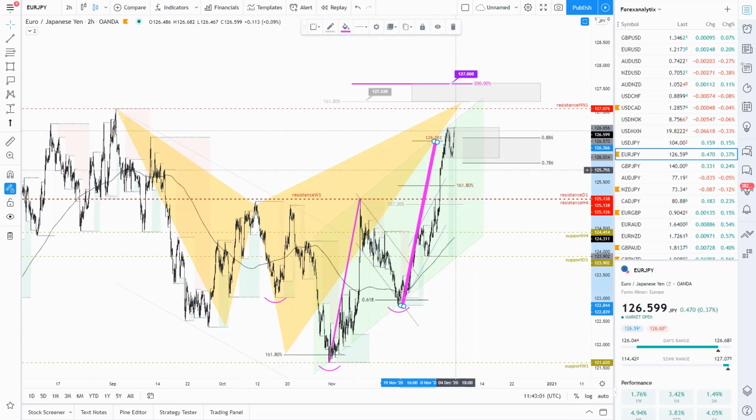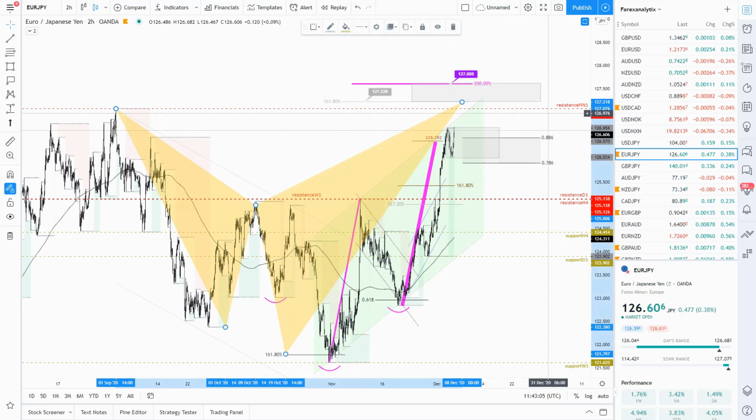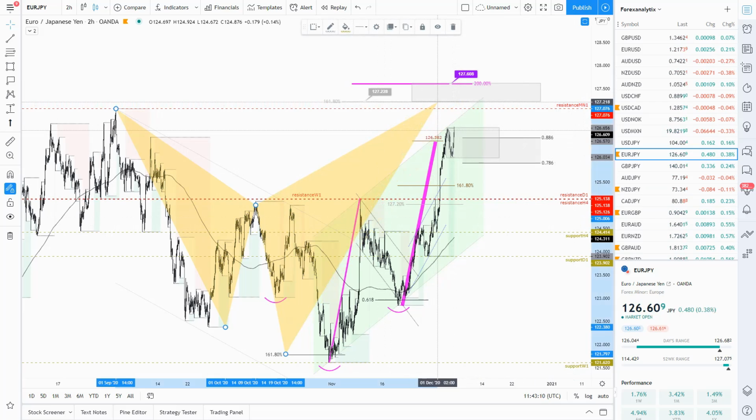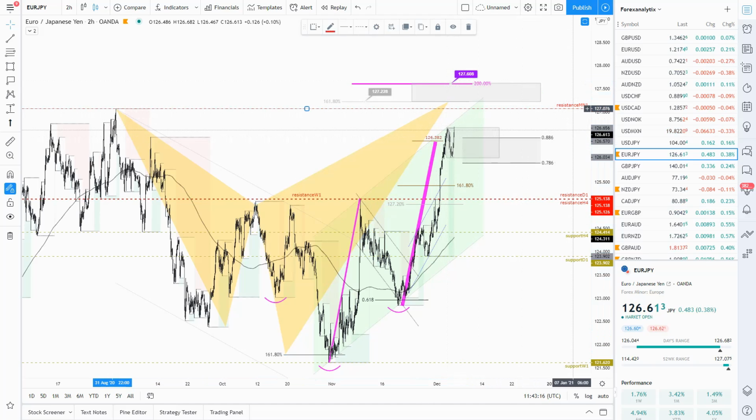So the default projection for the inverted head and shoulders is projected right above the monthly fractal. Let's say we have a convergence between those levels, both above the monthly resistance for euro versus the yen.